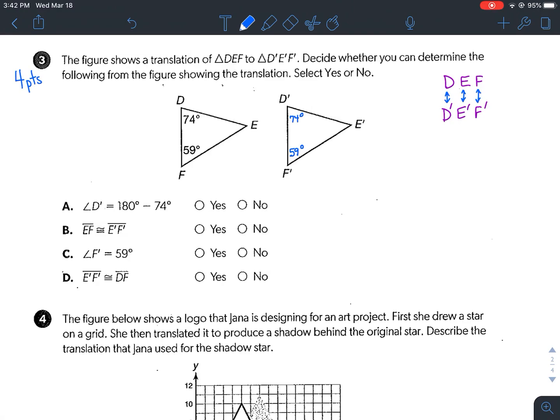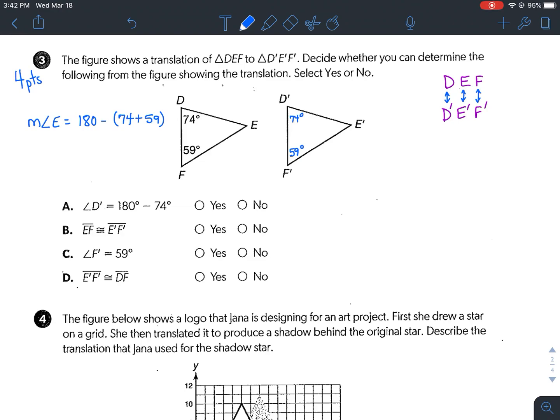Also, way back a couple years ago, you should have learned that the interior angles, the inside angles of a triangle, add up to 180. So that means the measure of angle E equals 180 minus the other two added together. So that would be 74 plus 59.